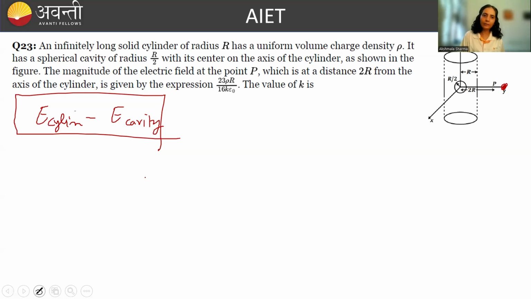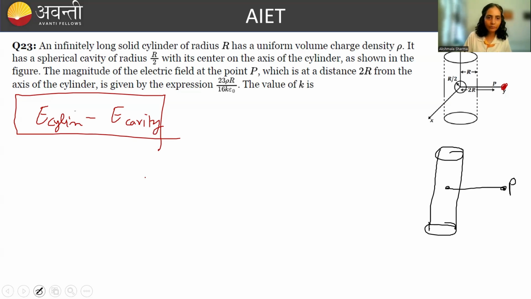You must have done it also, like the magnetic field case; in NCERT also, this thing is done for magnetic field. But let's do it here. Okay, let me explain. So suppose for cylinder we are calculating electric field at point P. So we can use Gauss's law here.